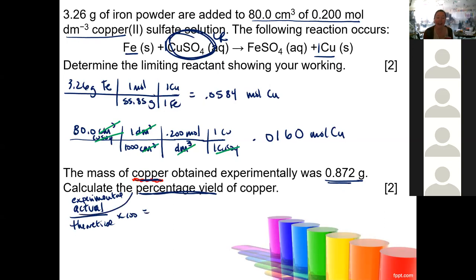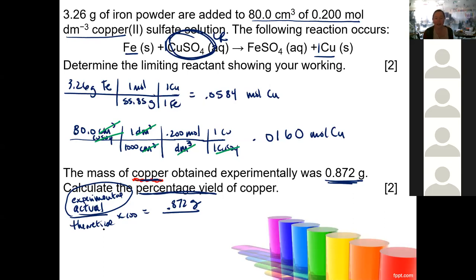Exactly. So what we actually made, when we actually did the lab, we actually made in the experiment that number of grams. Theoretical yield: how much should I make according to my math?